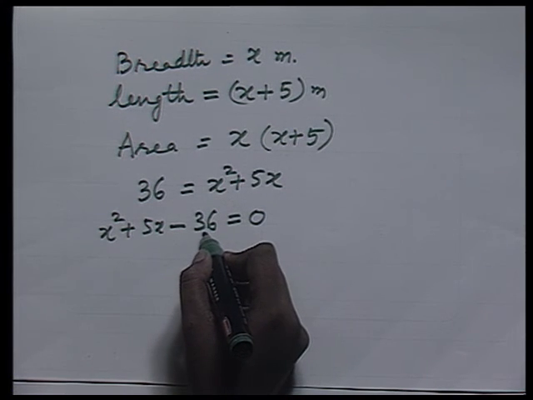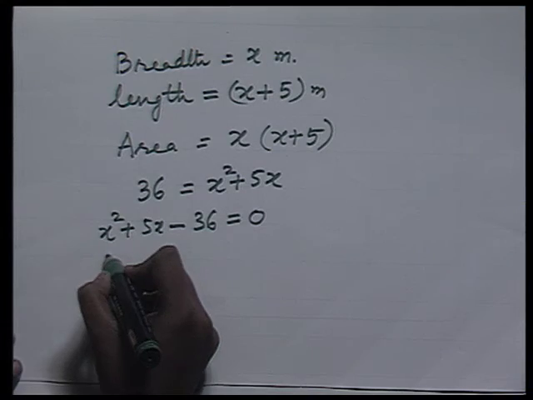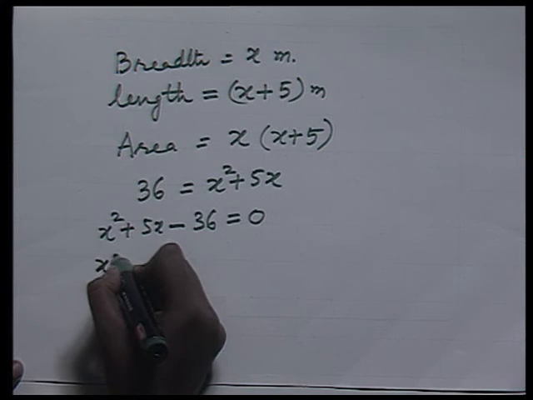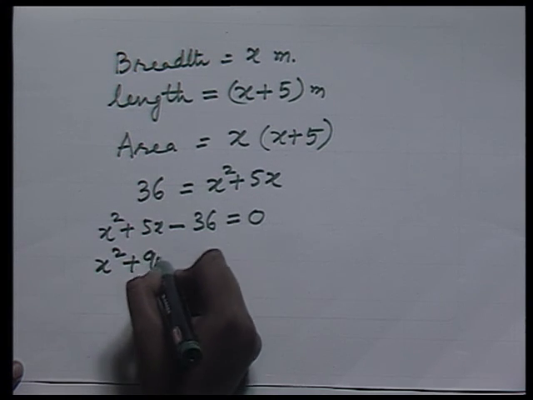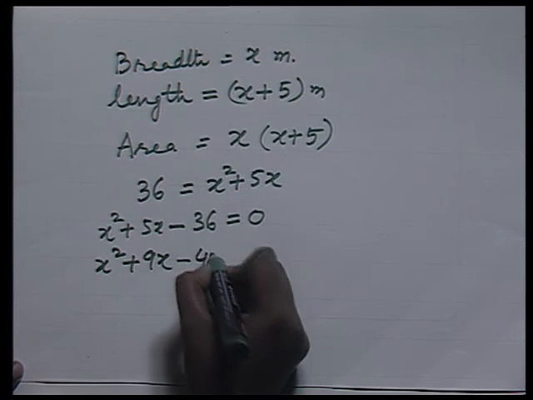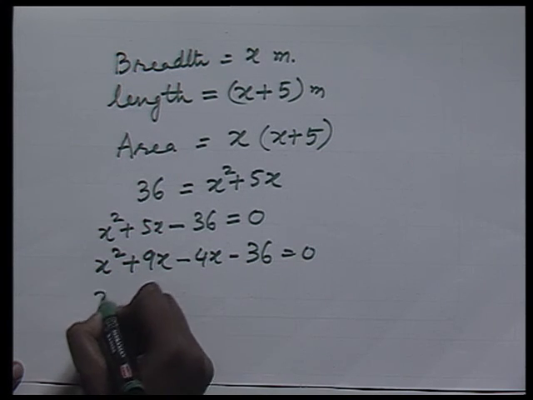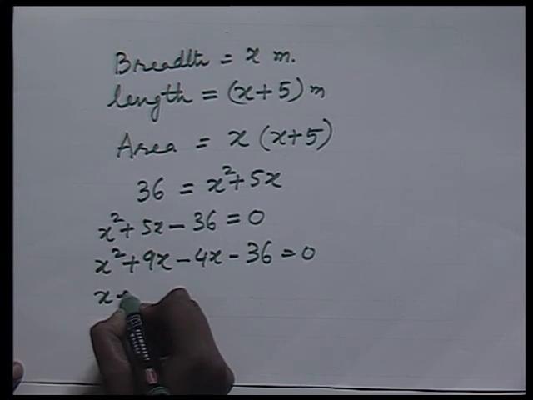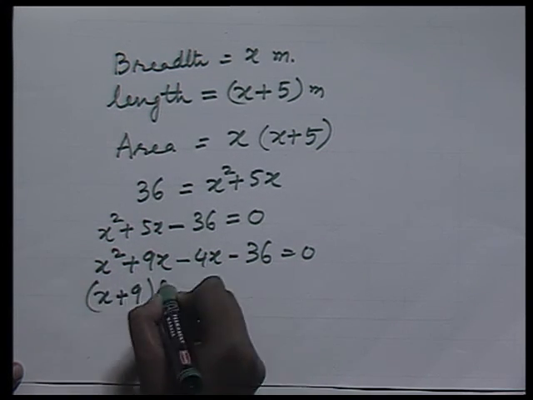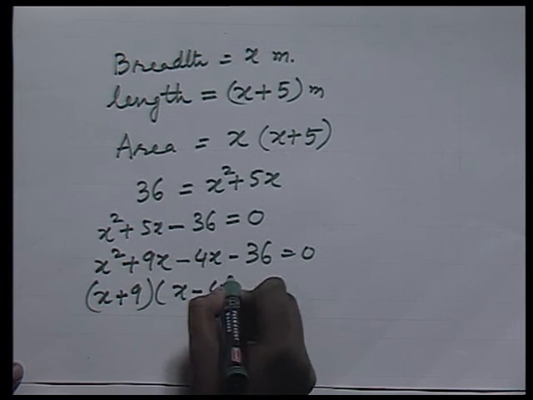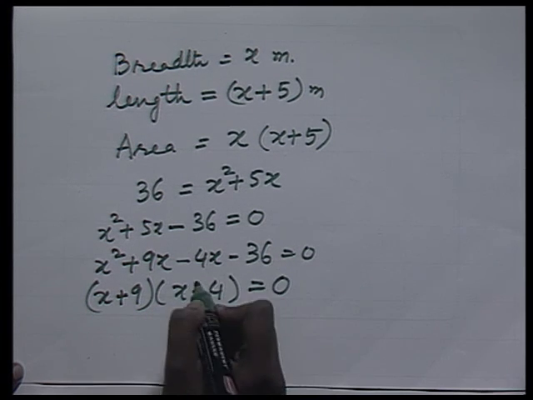Can you tell what will be the factors of this equation? This equation can be solved as x square plus 9x minus 4x minus 36 equal to 0, or x plus 9 into x minus 4 equal to 0.